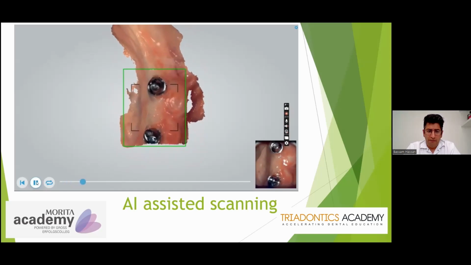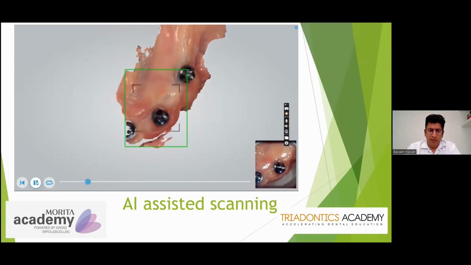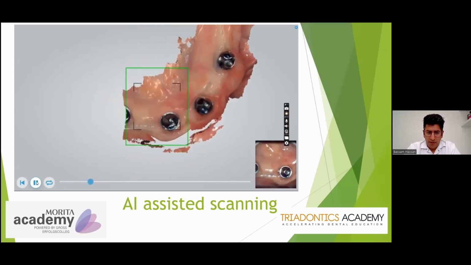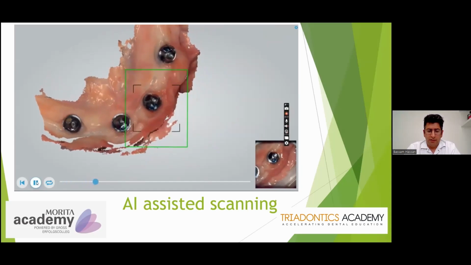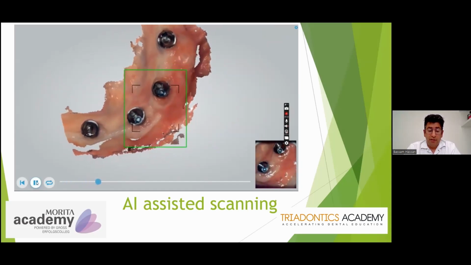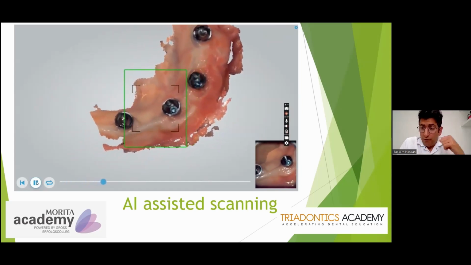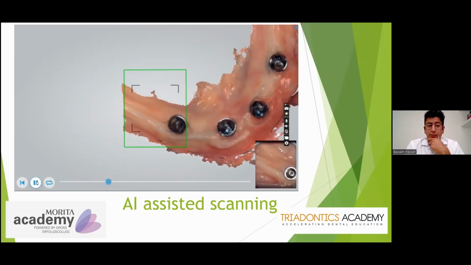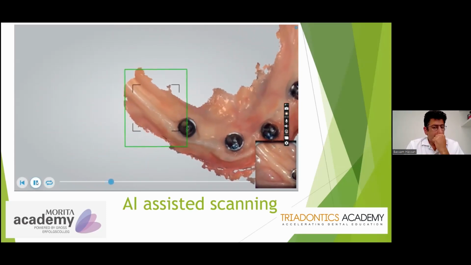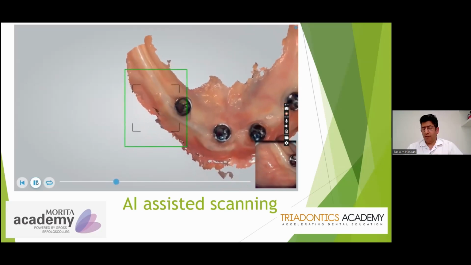But if you are very careful in scanning, going slowly, understanding the landmarks you need to keep track of, and stabilizing the arch so you don't lose your references, you will be able even to scan the lower jaw with a shallow floor of the mouth. And this used to be science fiction just 5 or 7 years ago.